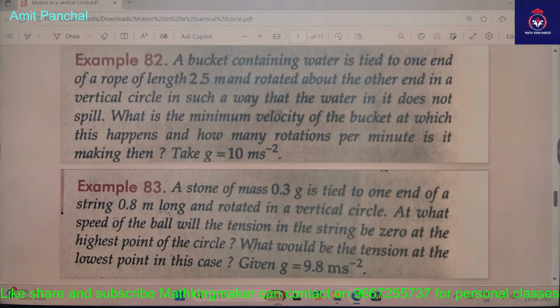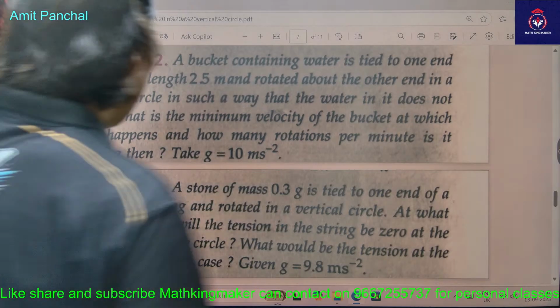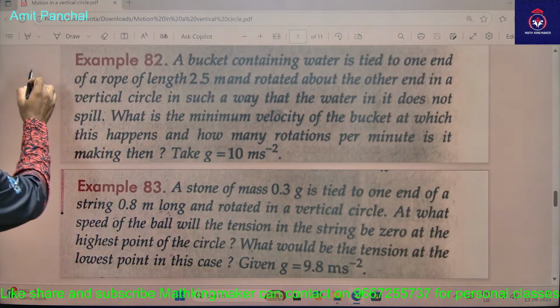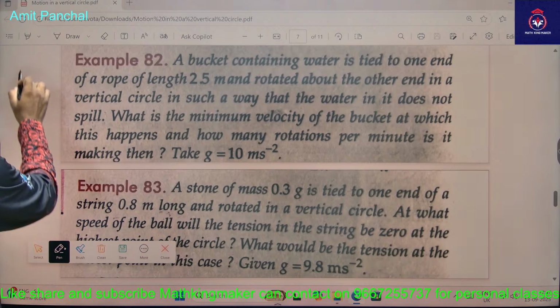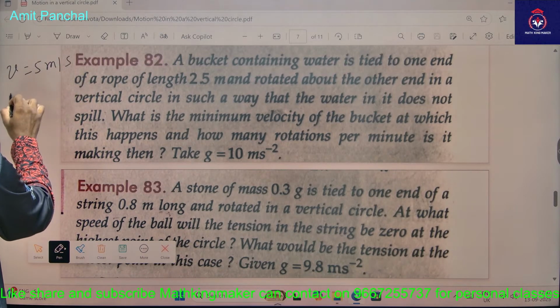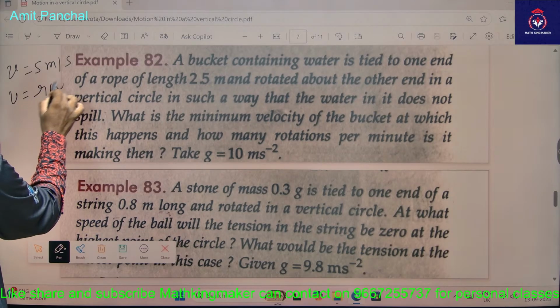Is it correct? 1 by pi. What is angular speed? No. V is 5 meter per second, and omega is equal to 2. V is equal to R omega.